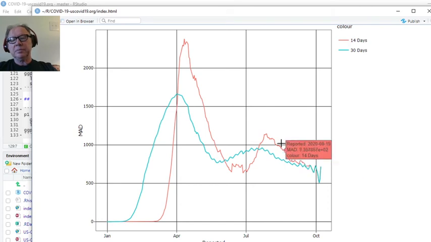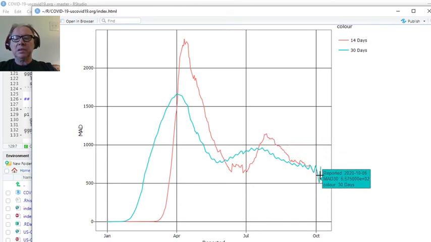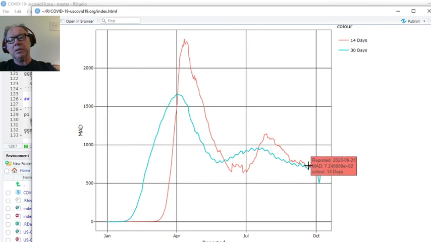Okay, so blue is a, interesting. The 30-day line has fallen below, apparently fallen below the 14-day line.